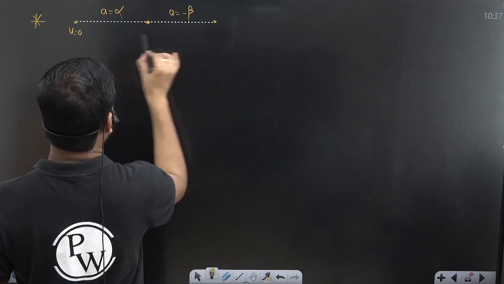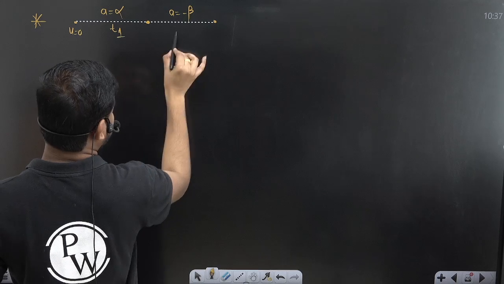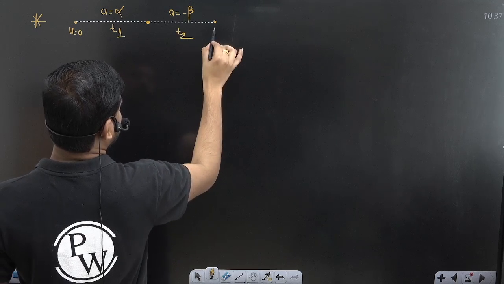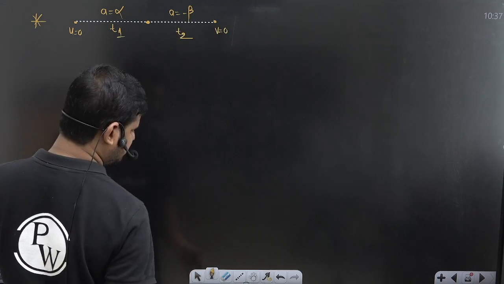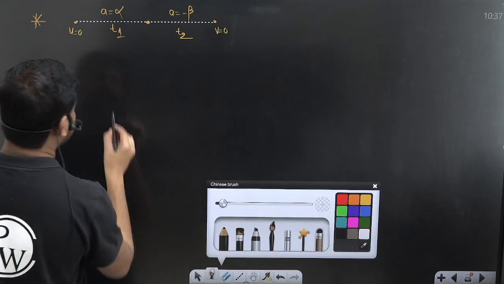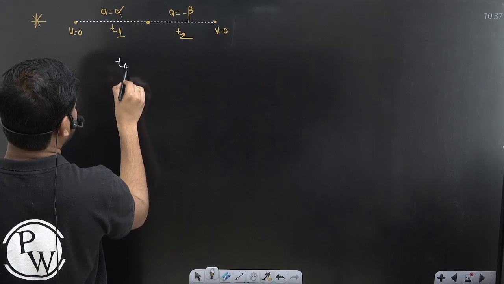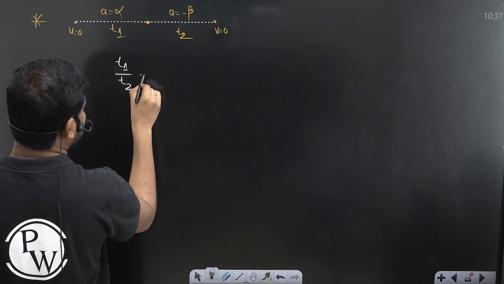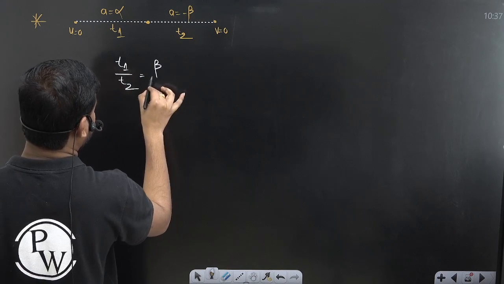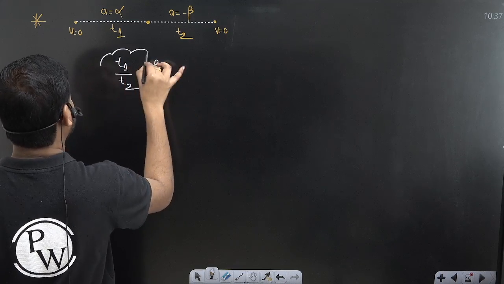So for some time t1 it accelerates, for some time t2 it decelerates. Finally it comes to rest. In this case, the relation between the times and the accelerations is given by t1 by t2 is equal to beta by alpha.